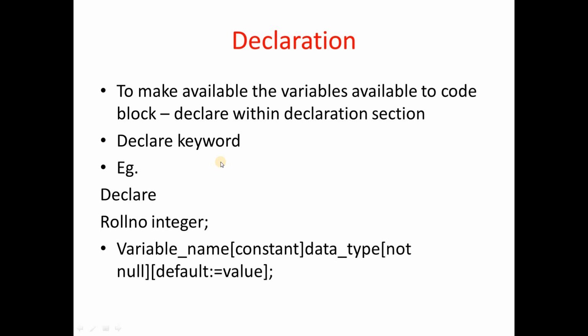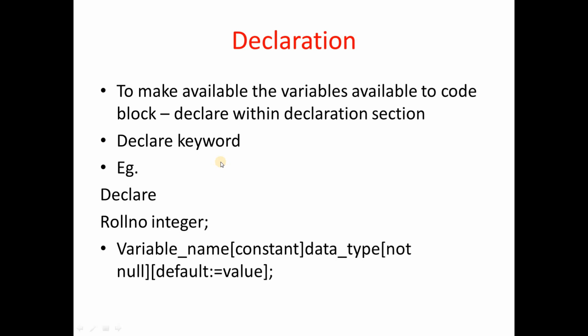If it is constant, that means it compulsorily has a value, and that's why after the data type we mention not null constant here, because this variable has a constant value, some default value. Why do we use not null constant?